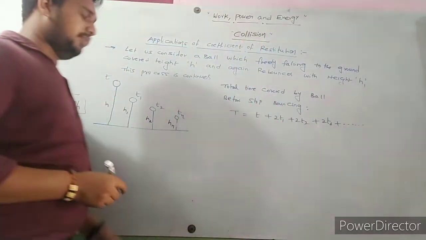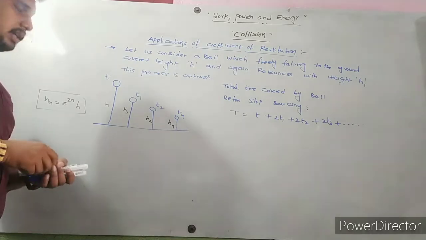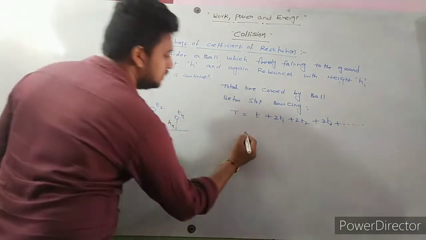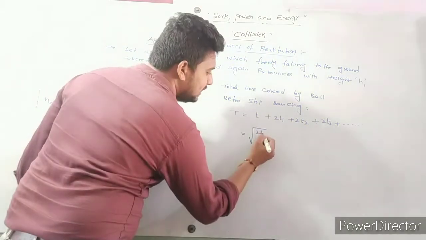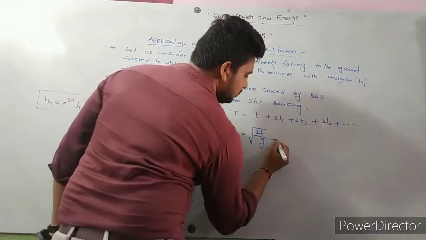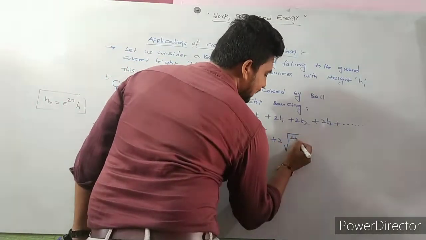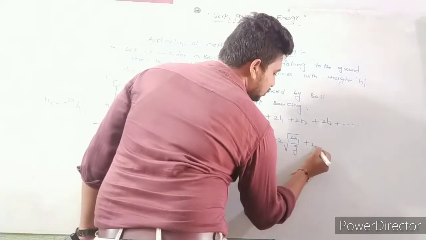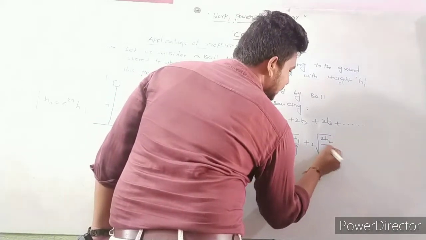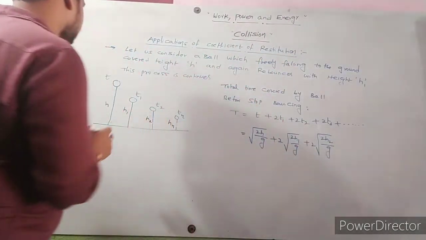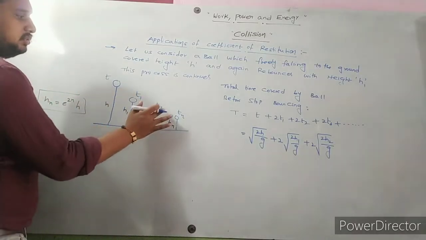So from here, t means root of 2h by g, and here 2 into root of 2h1 by g, and 2 into root of 2h2 by g. So here we consider the times t1, t2, t3, tn.